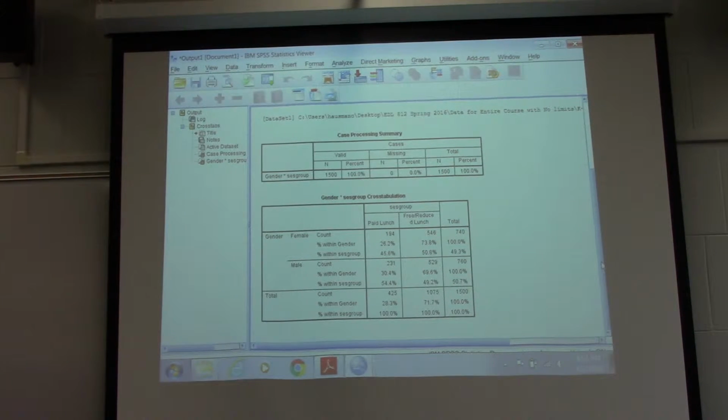Of all paid lunch students, what percentage are male? 54.4%. Of all males in the sample, what percentage qualify for paid lunch? 30.4%. So that's the difference between column and row totals. It's simply reading percentages, but they're difficult because you often see both row and column totals in the table.